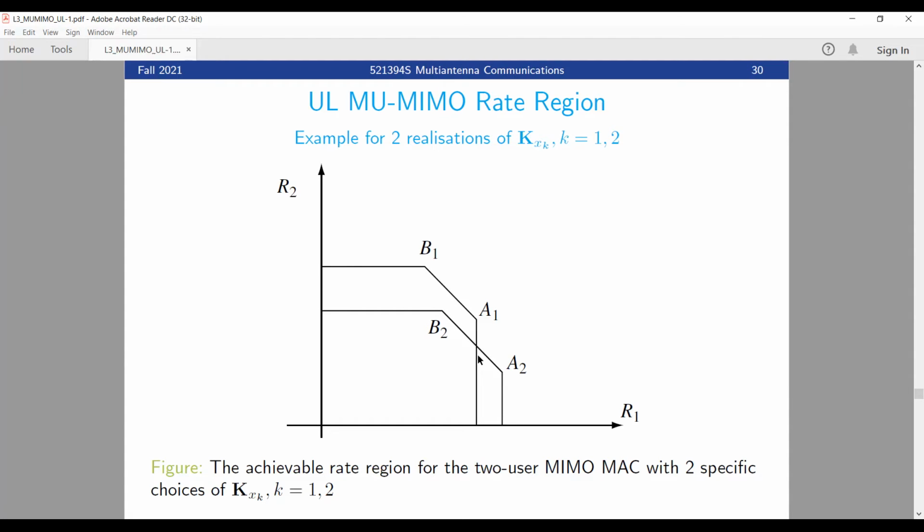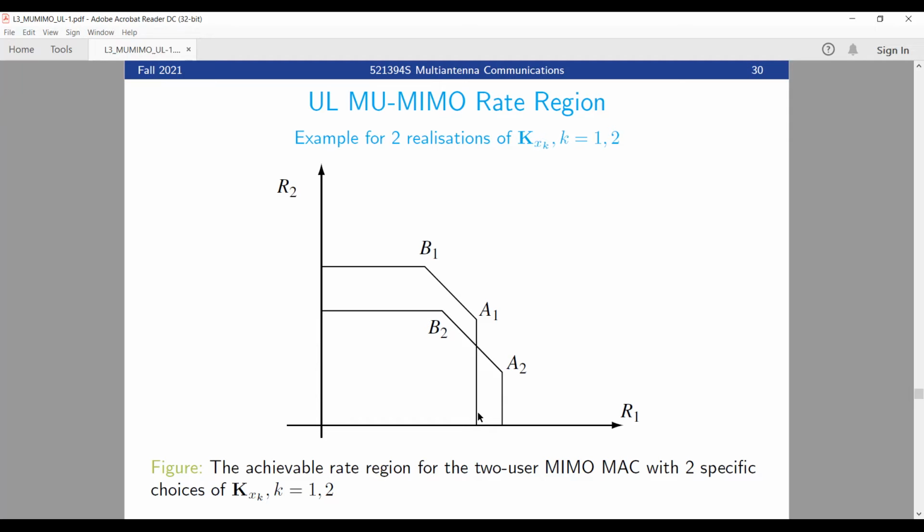It could be this one here, or then you can choose Kx for user 1 assuming no interference from user 2, that's the SVD, and similarly for user 2, assuming no interference from user 1, just choose Kx from the SVD, and this could be another transmit covariance matrix. These are two valid strategies, right? They are feasible strategies.